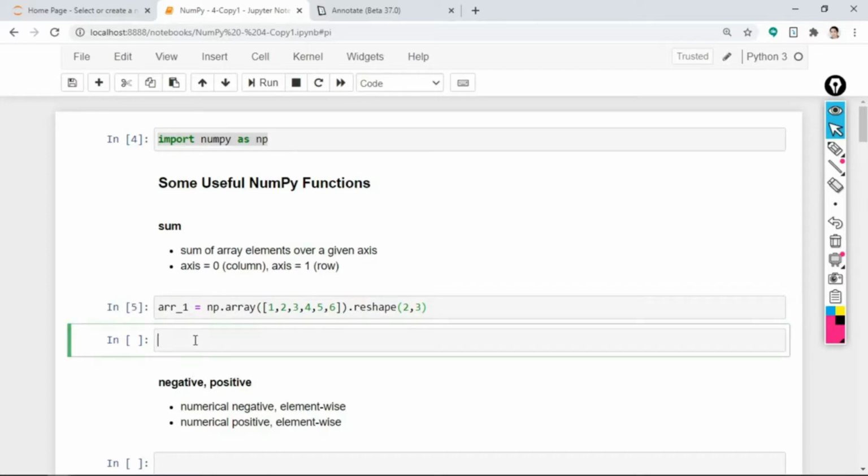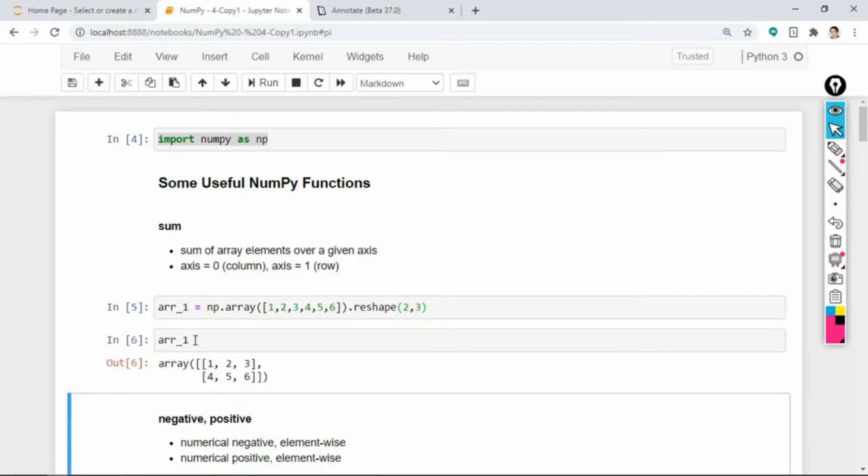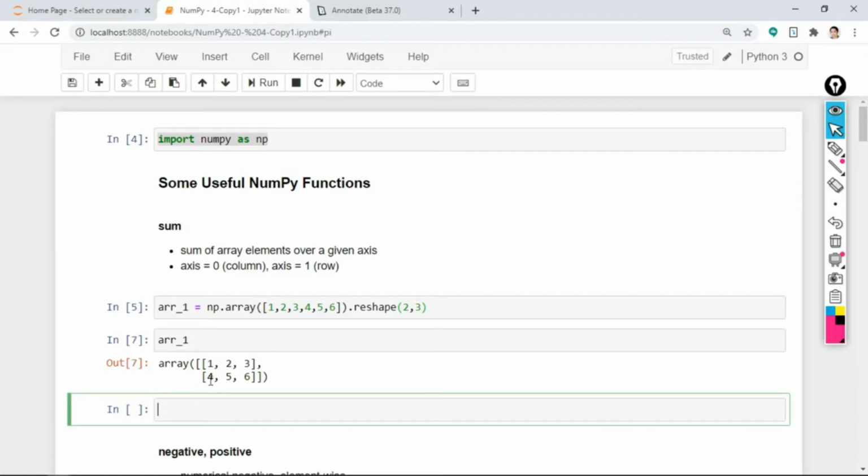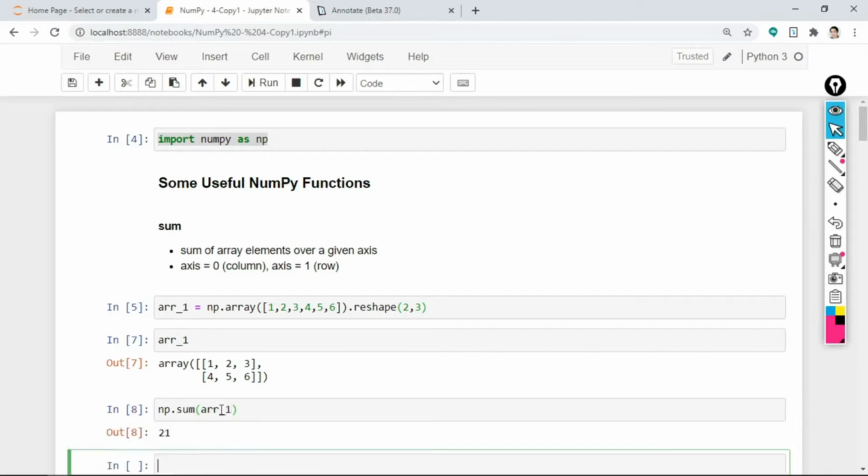So as we can see, the array1 is composed of 2 rows and 3 columns. So when we execute numpy.sum on array1, it will get the sum of all the numbers.